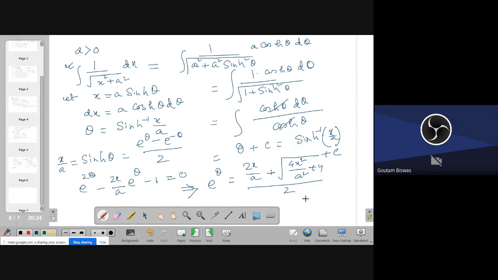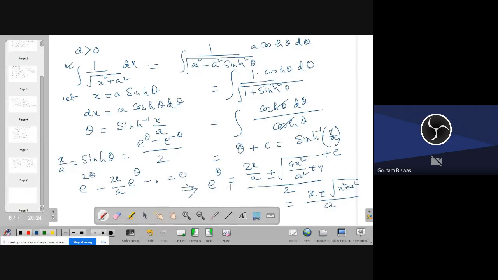If you simplify it, you will get x plus minus root over x square plus a square, by a. Just do the simplification and you will get this result.